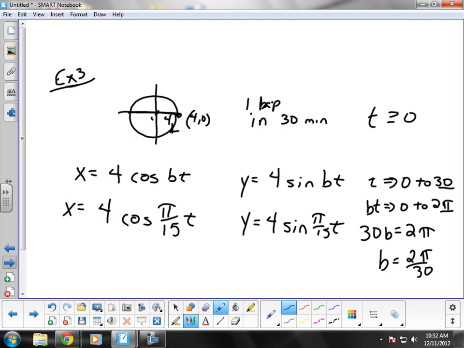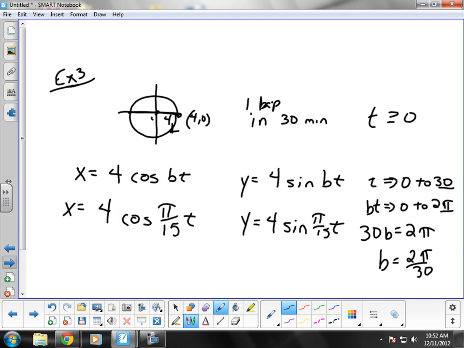All right. Now, let me tell you this. The only thing about parametric equations is you should always double check them because they're very straightforward for the most part, but sometimes they're just a little bit tricky. Anytime that you come up with an equation like this, you need to put this in your calculator and make sure. Every now and then, we actually have to go past 2 pi to be able to get all the points to make the complete circle. So when you put this in your calculator, make sure that it draws a complete circle and that we don't need to go past 2 pi, like to 3 pi or something.